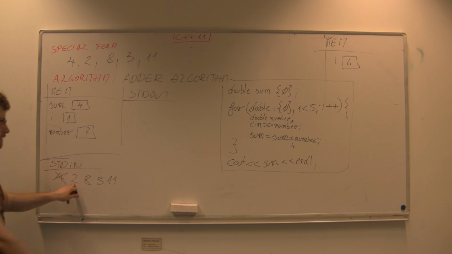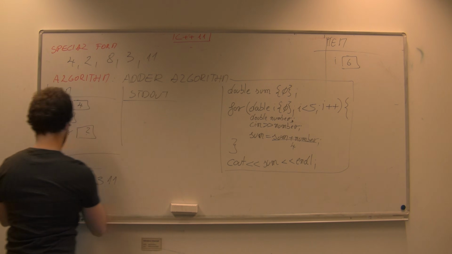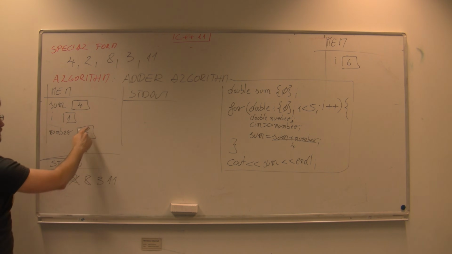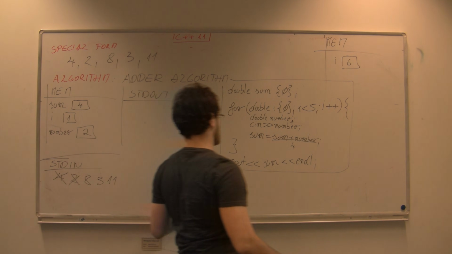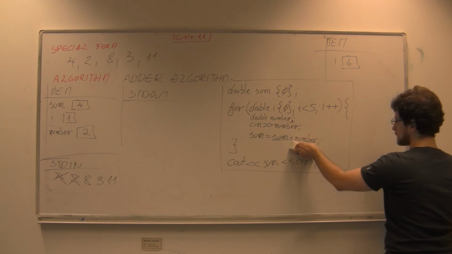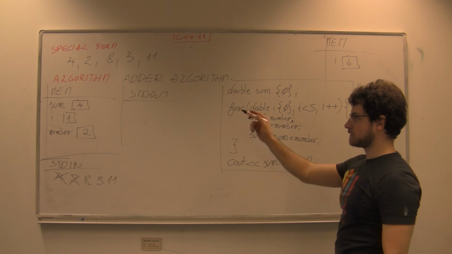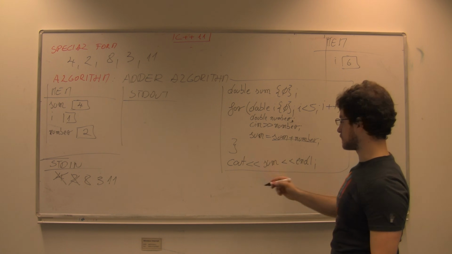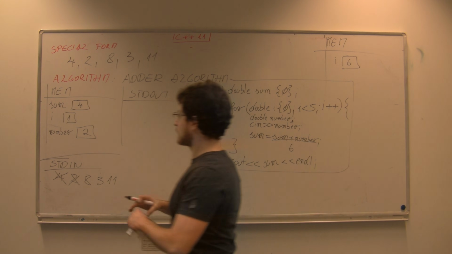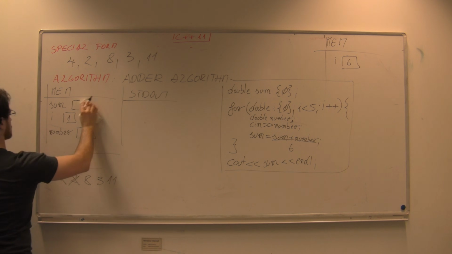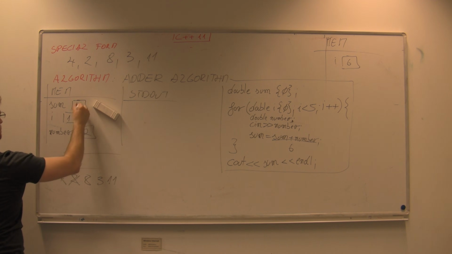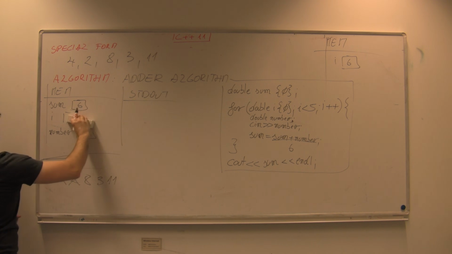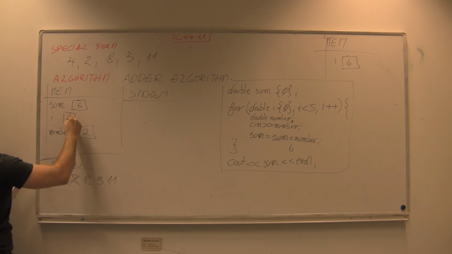We extract another number. That's the number 2. We store it here. And then we evaluate this expression, sum plus number. The value of sum is now 4. So we add this to 2, the result is 6. And the value of sum becomes 6. We increment I to 2.